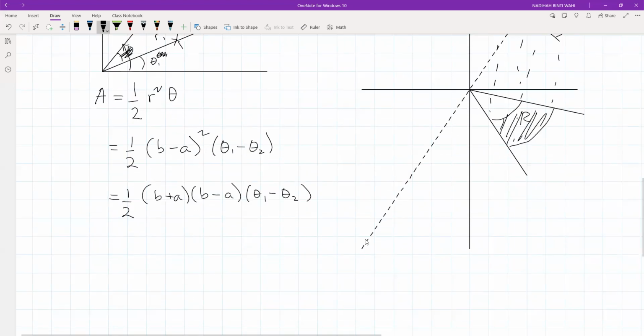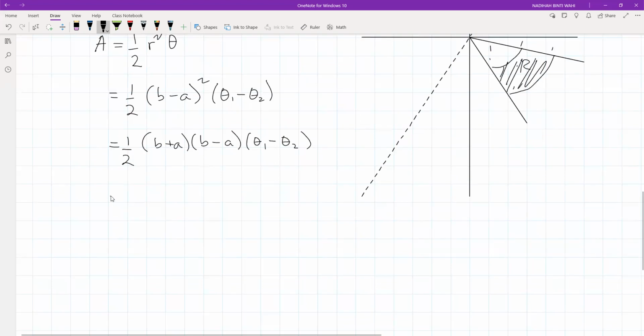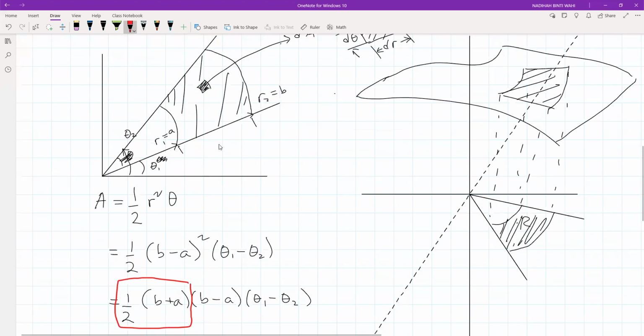Okay, are you guys with me so far? Yes. Okay, so and then kalau awak recognize yang ni, B plus A divided by 2, so this is as if, kalau tengok ini balik, B is what? B is R1, A is R2, so this is like taking the average, R1 plus R2 divided by 2.